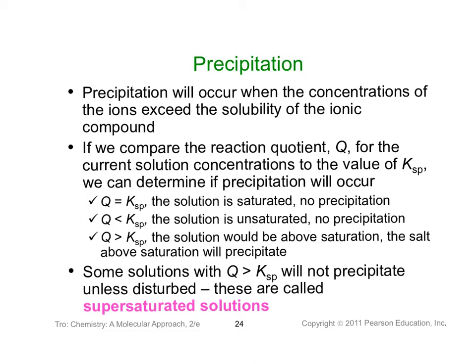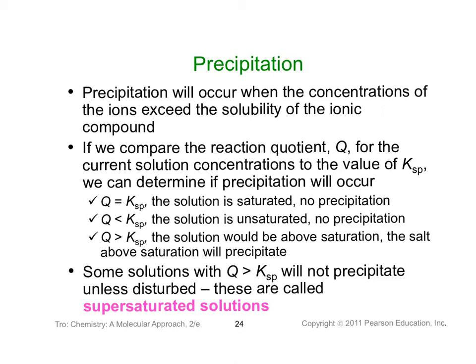So one of the values of this Ksp is to determine precipitation. When the ions in solution exceed the solubility of the compound, it will precipitate out. So we can start by saying, okay, if we compare a Q, you remember what we did? We plugged in quantities and said, where are we in terms of the equilibrium?